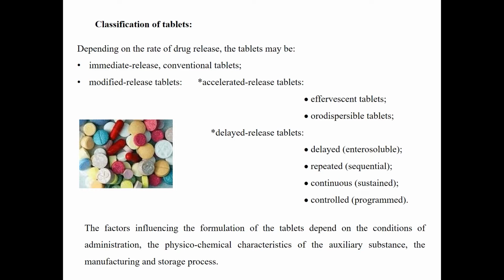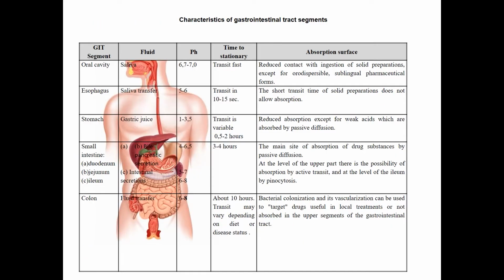The factors influencing the formulation of the tablets depend on the condition of administration, the physicochemical characteristics of the auxiliary substance, and the manufacturing and storage process. Very important for better compressed tablet performance in drug release are the characteristics of the gastrointestinal tract segment.